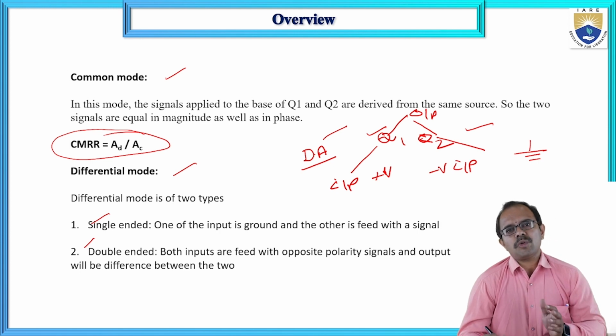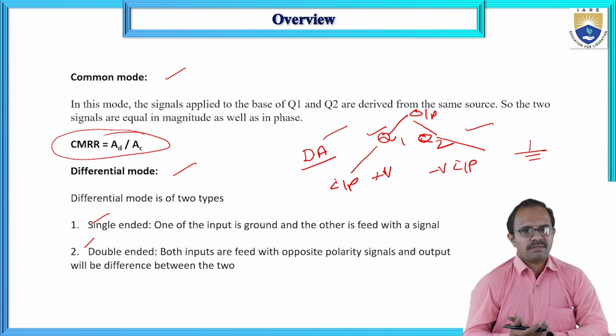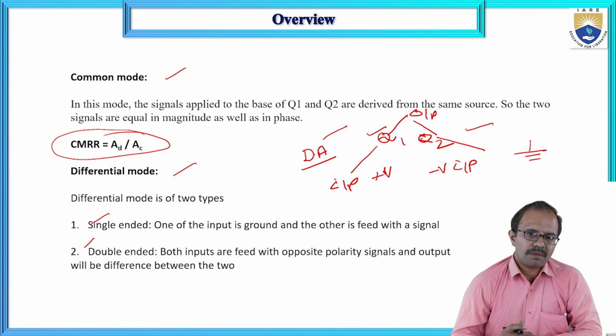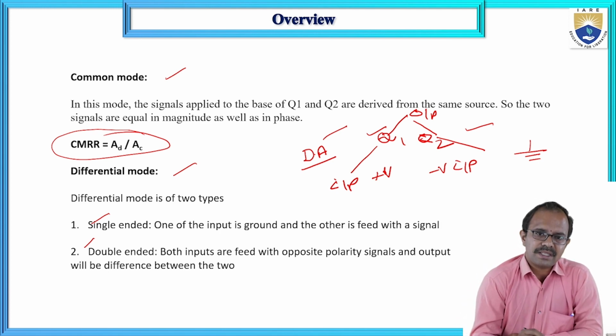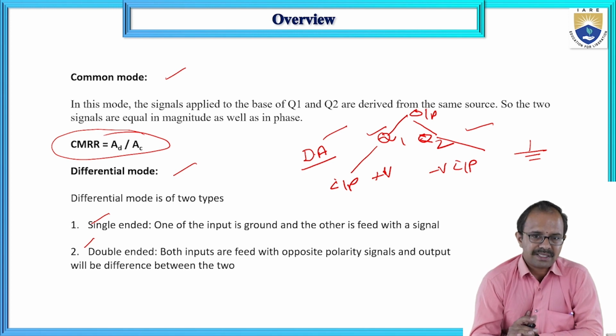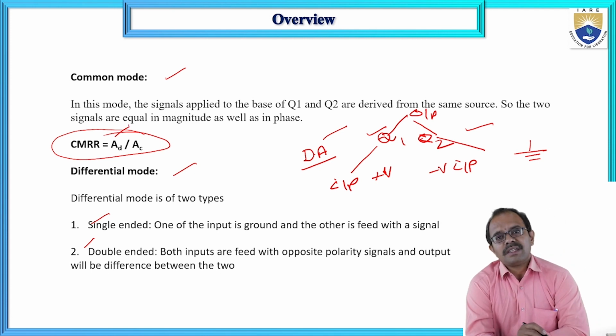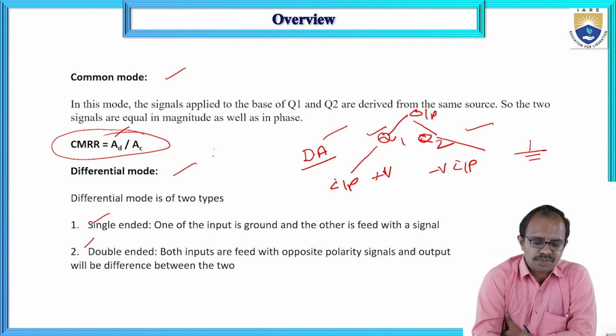Since we have two modes of operation for the op-amp, one common mode and one differential mode, the common mode signal must be as small as possible, whereas the differential signal will be very high. That is, the gain of the differential amplifier in the common mode should be very small when compared to the gain in differential mode.